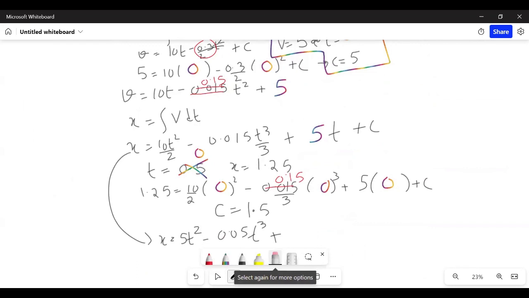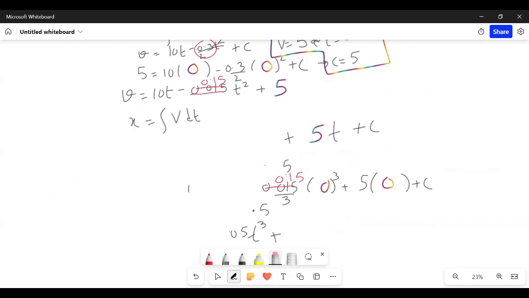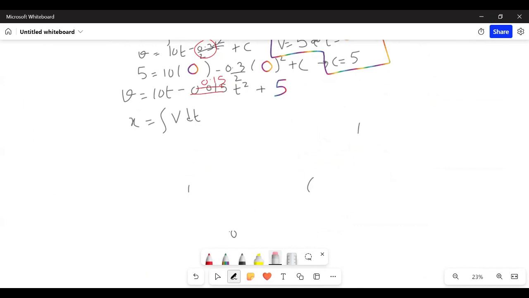So this is going to be, I'm going to integrate this now, but I'm going to integrate it from 0 to 2.5 just to get rid of the hassle of finding C. Okay, so we know the time taken in the second part of the journey, 2.5 seconds लगते हैं. So 0 to 2.5, और हम integrate कर रहे हैं V को, which is 10t minus 0.15t square plus 5.